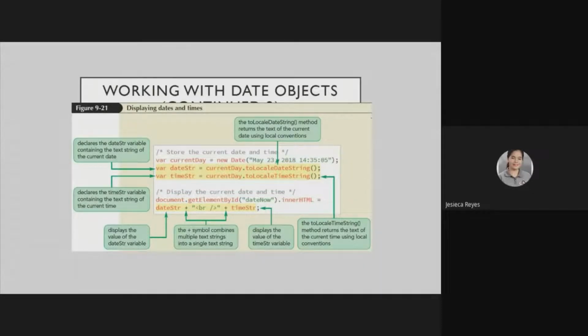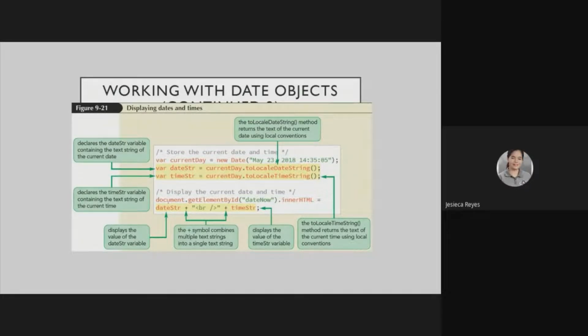Okay, so this figure shows the dates and the times being displayed. So we have the two variables here containing the text string of the current date, the local date and the local time. Local date is 5/23/2018 and the local time is 2:35:05 p.m.